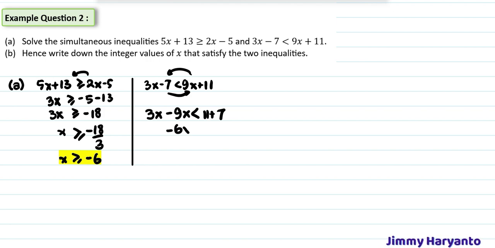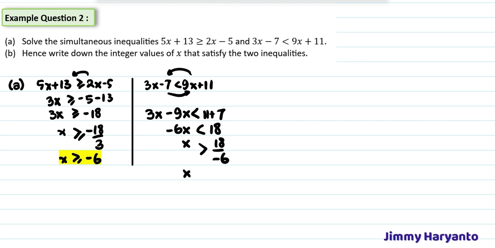Okay, so negative 6x is less than 18. So x is 18 divided by negative 6. This one will become greater than because it's a division by a negative number. And then when we divide it, you'll have x equals negative 3. So x greater than negative 3.